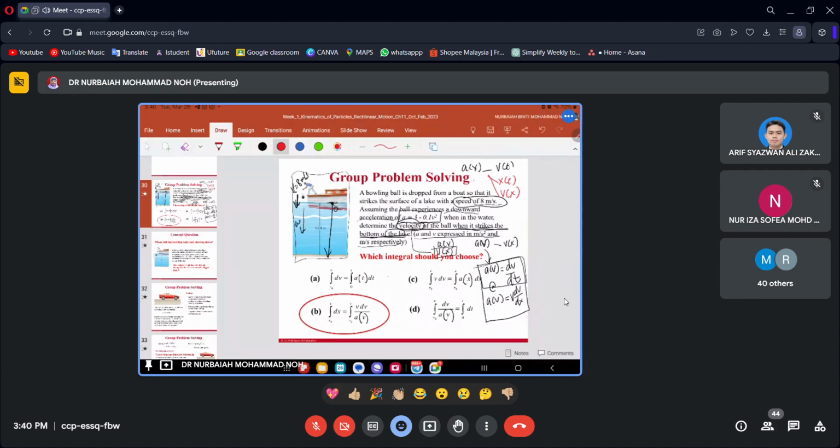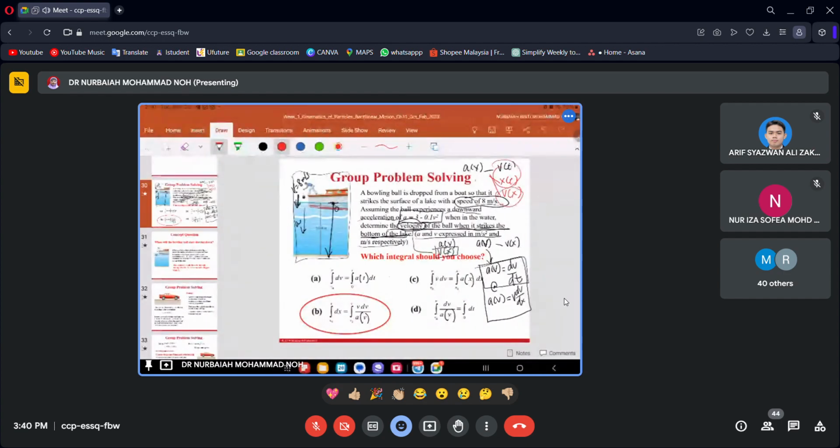Bila I nak derive ni, dia akan menggunakan different kinematic relationship. Untuk v-t dengan x-t akan guna satu kinematic, yang v-x ni guna yang lain.